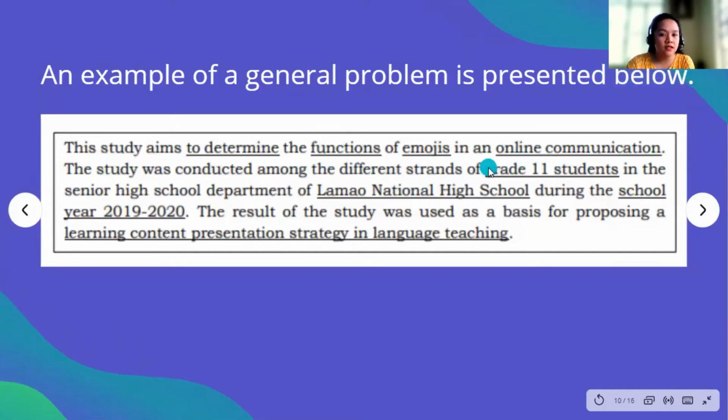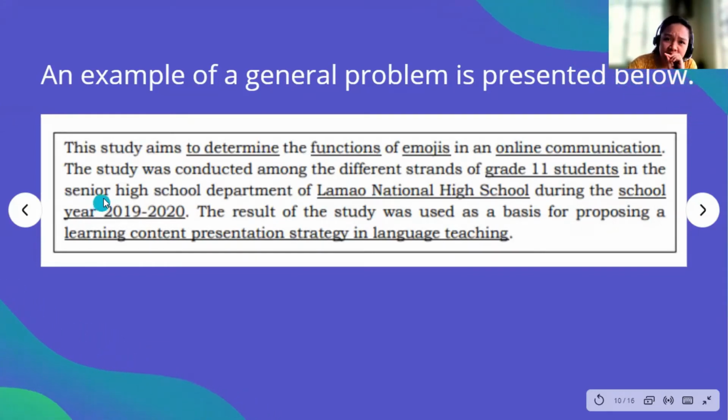Grade 11 students is the participants. Then the Department of Lamao National High School. Lamao National High School is the setting, yung lugar. During the school year 2019-2020, this is the time frame or the time setting.